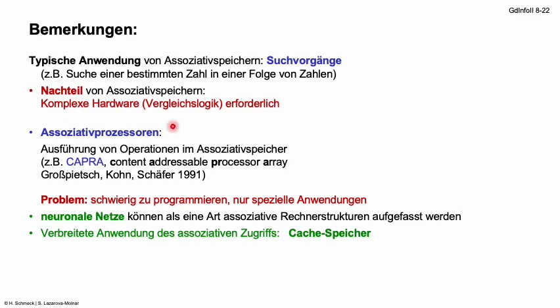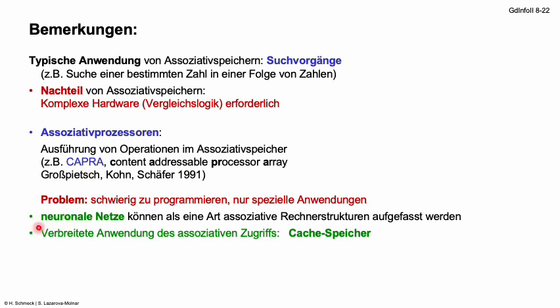And we also have associative processors that can execute the operations in an associative memory, such as the CARPA one, which stands for Content Addressable Processor Array, which has been done in 1991. And as you can imagine, the problem here is that it is difficult to program, and it has only specific applications.